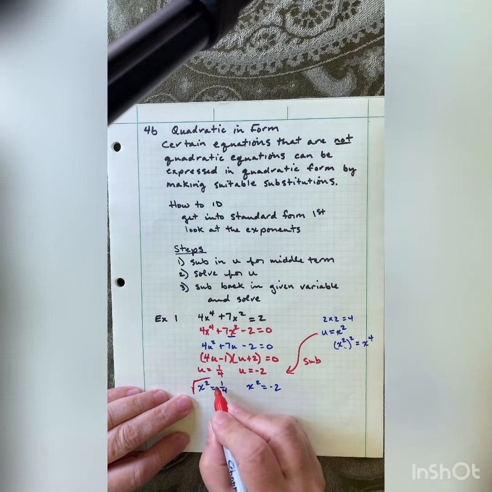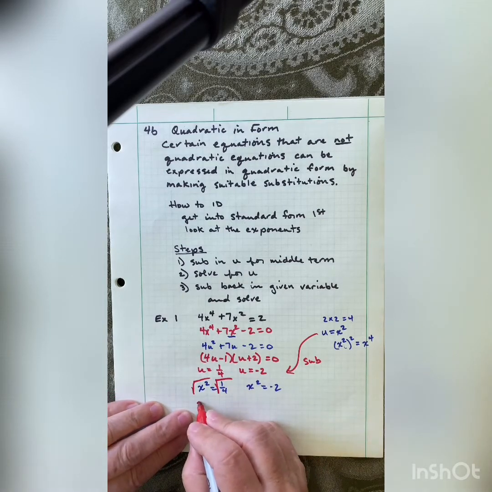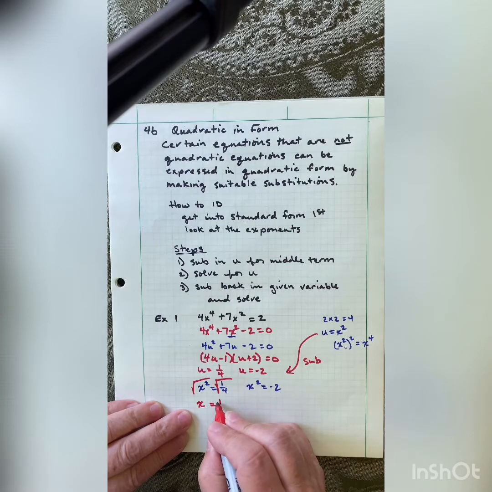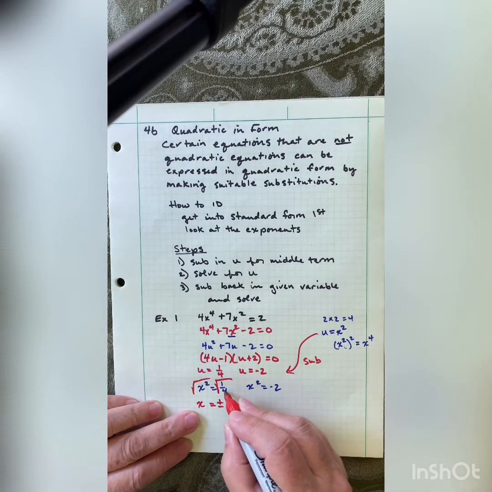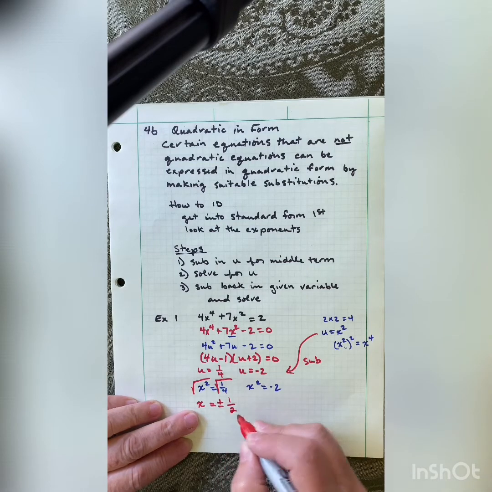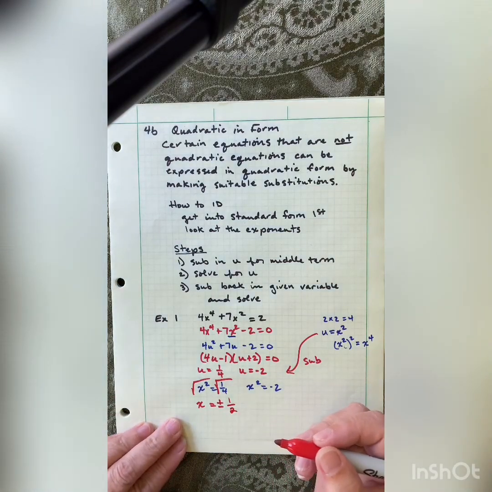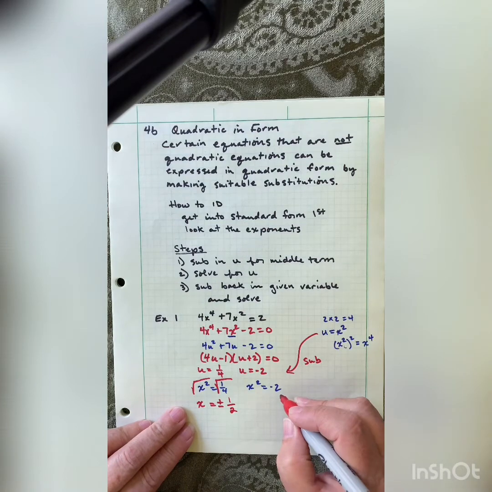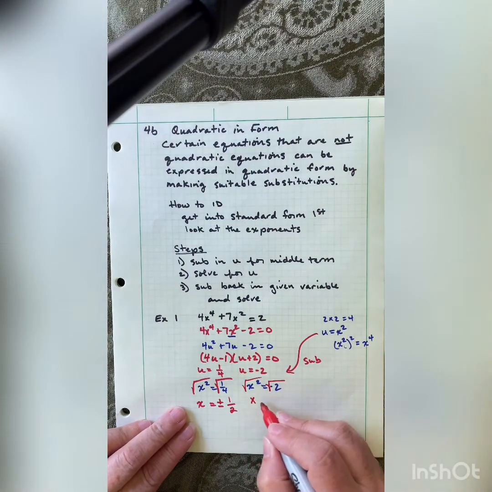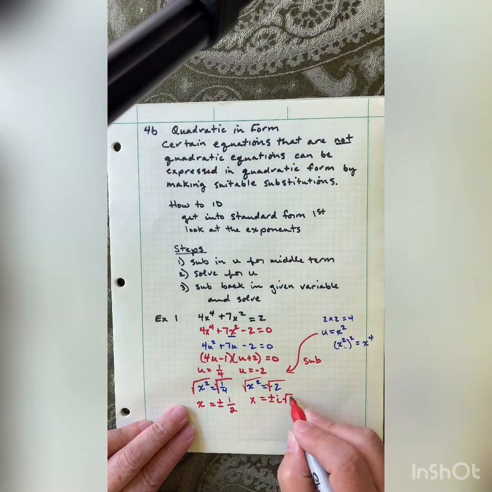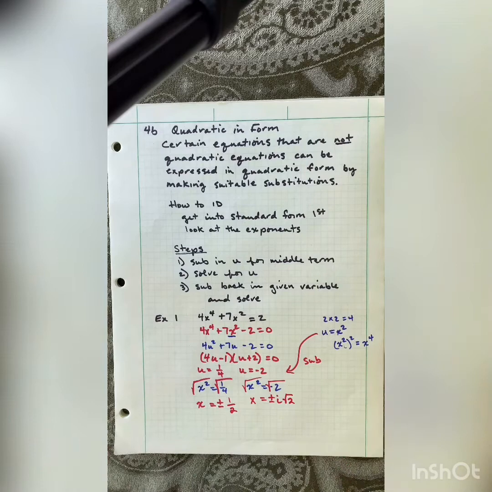So I'm going to take the square root of both sides, and that's going to give me x equals plus or minus, well, square root of 1 is 1, square root of 4 is 2. So plus or minus 1/2. Then over here, take the square root of both sides, and I'll get x equals plus or minus i square root of 2.